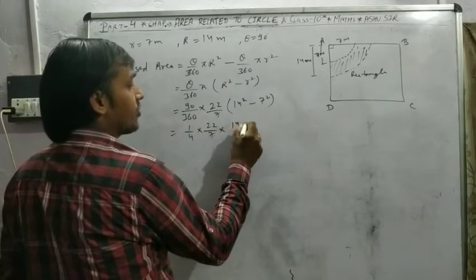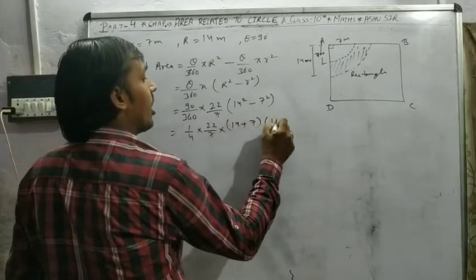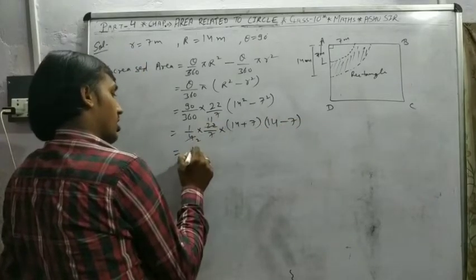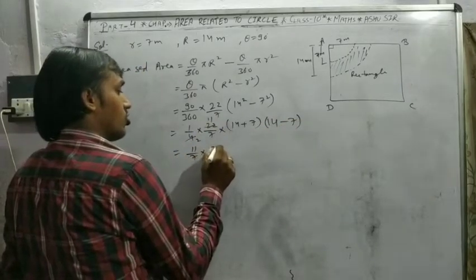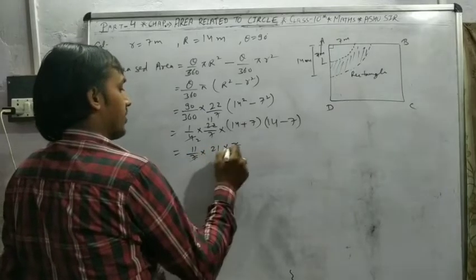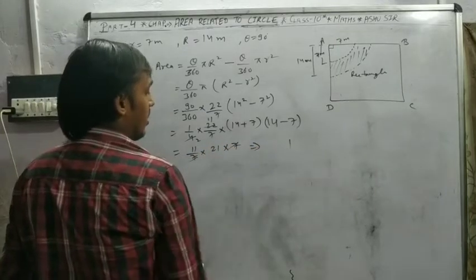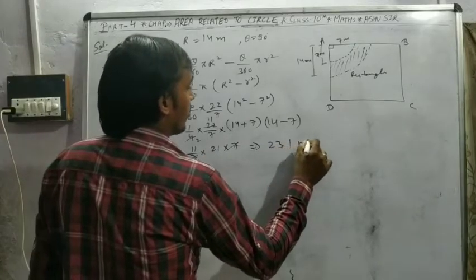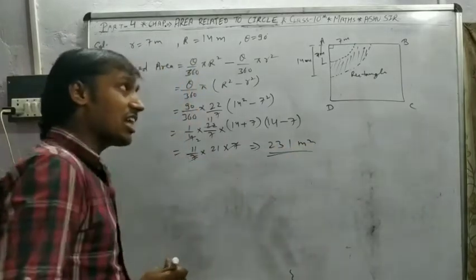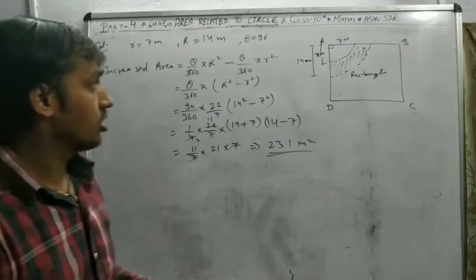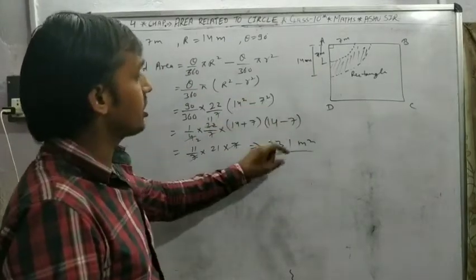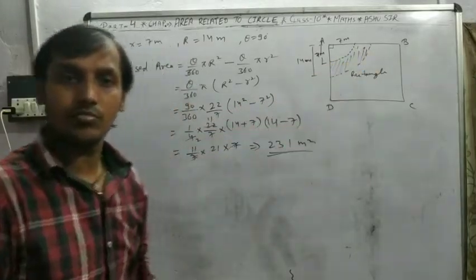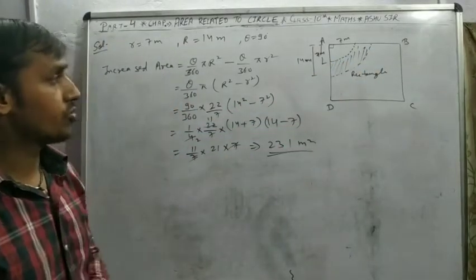It can be factorised as 14 plus 7 and 14 minus 7, so 21 into 7, the 7 cancels, and we get 11 into 21, which is 231. This is the area of grass increased that can be grazed by the horse, that means the shaded region. Okay, pause the video and note down.